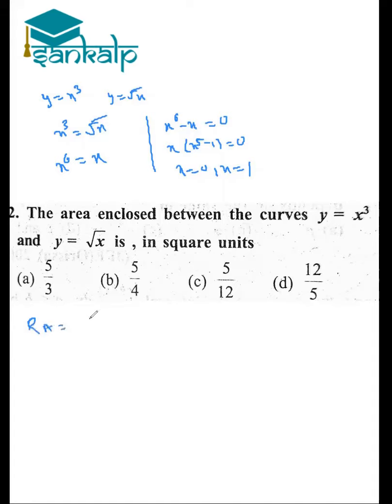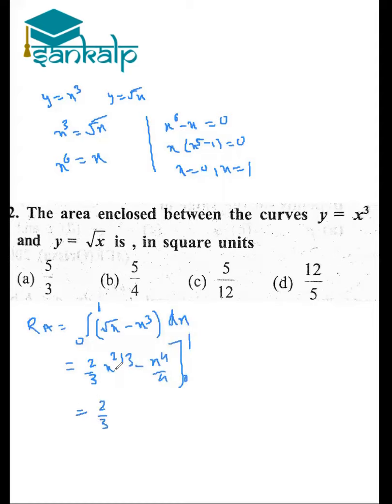So the required area will be equal to the integral from 0 to 1 of root x minus x cube dx. On substituting and simplifying, the integral of root x is 2 by 3 x raised to 3 by 2, minus x raised to 4 upon 4, under the limits 0 to 1.